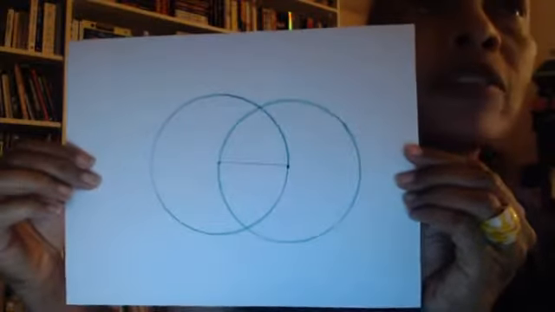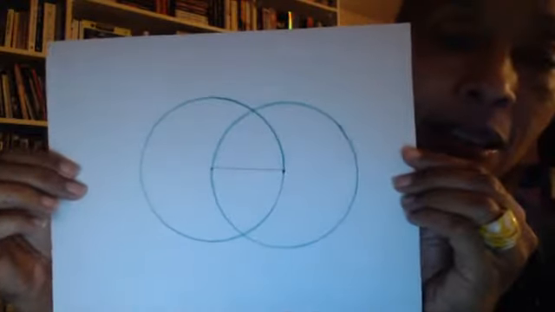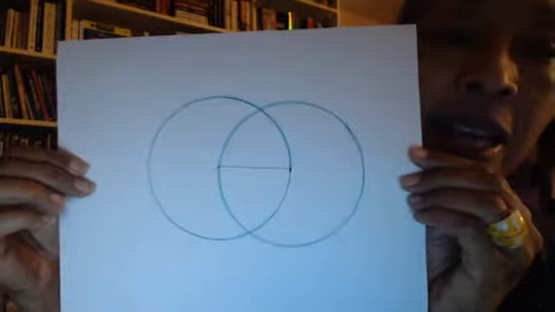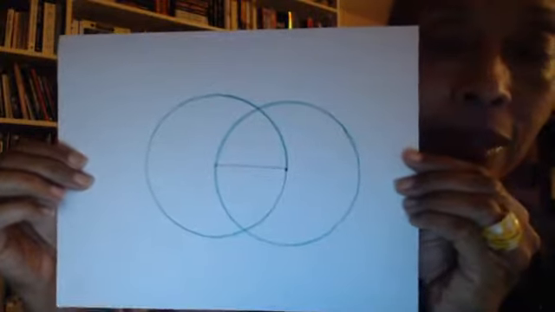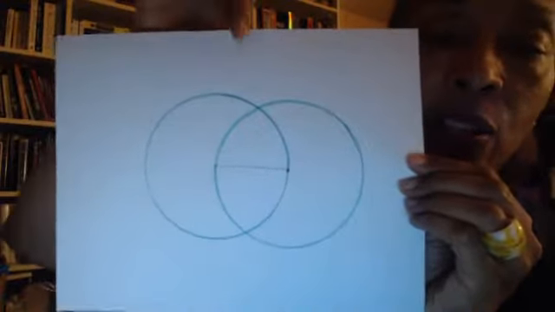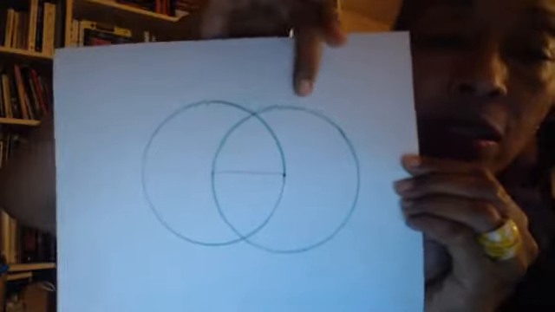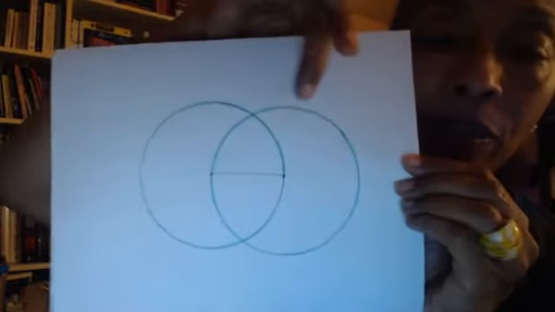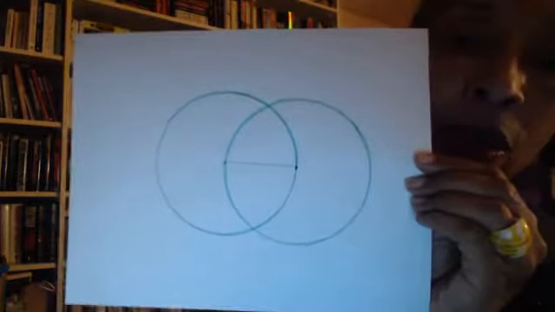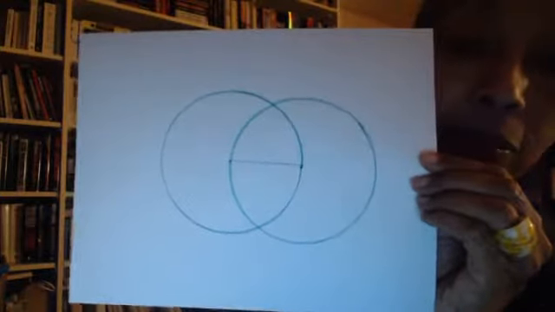So when we speak of the Christ, it is not a person in these terms. It is an energy. It is the intersection of spirit and matter, and the measurement of that is the square root of 3.